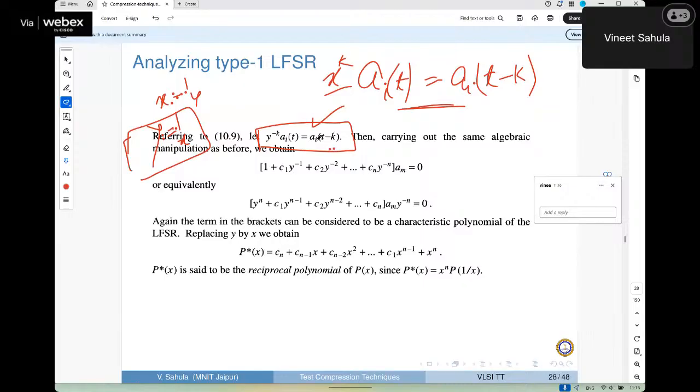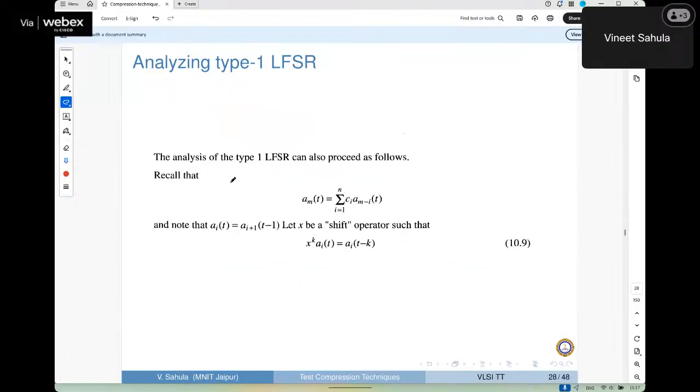If I write this, then we go back to our LFSR generating polynomial. We just compute again for that part. Equation 10.9, I don't know which was that, 10.9 is here.